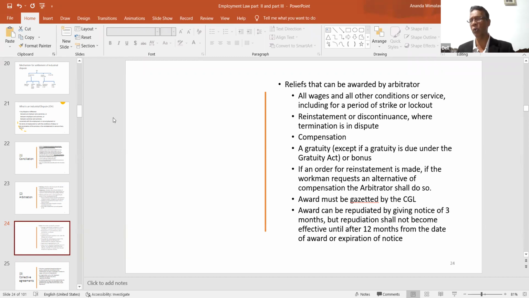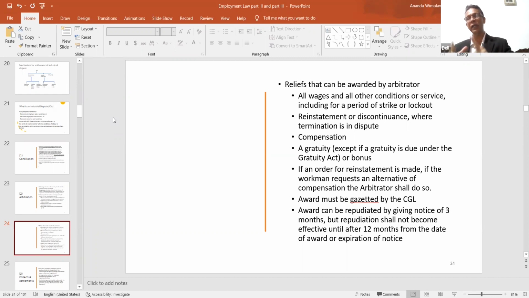So you feel that it's boring to stay here, and you retire or resign, sorry. You resign. Then, when you resign or retire, once you retire, there is no contract of employment.